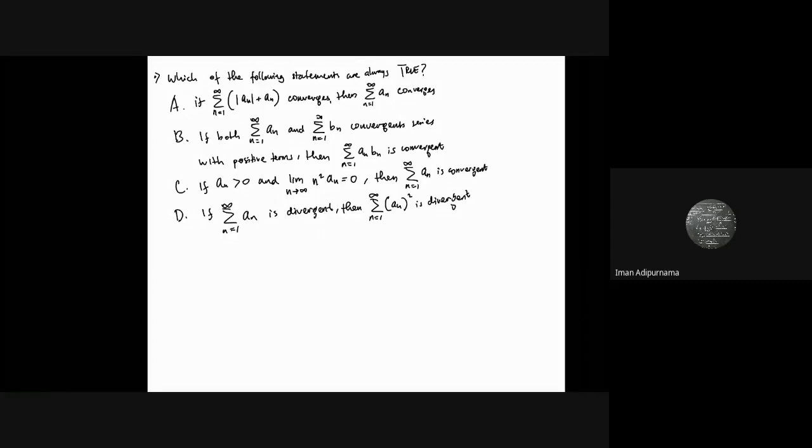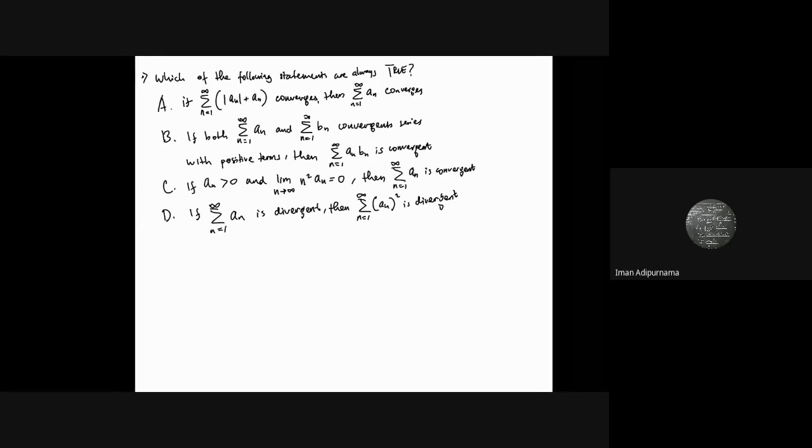B, if both series an and series bn are convergent series with positive terms, then the series of an multiplied by bn is convergent. C, if an is greater than 0 and the limit as n approaches infinity of n squared multiplied by an is 0, then the series of an is convergent. D, if series an is divergent, then the series of an squared is divergent.